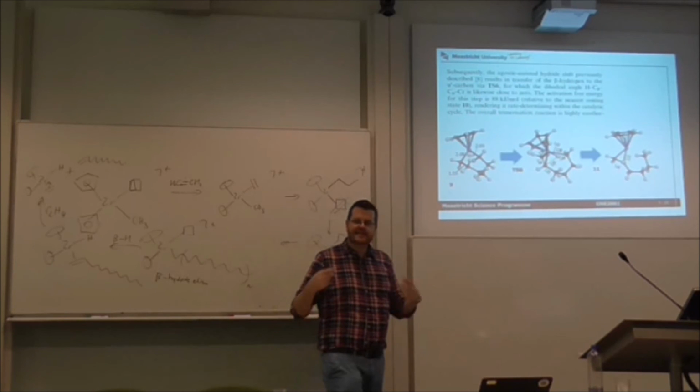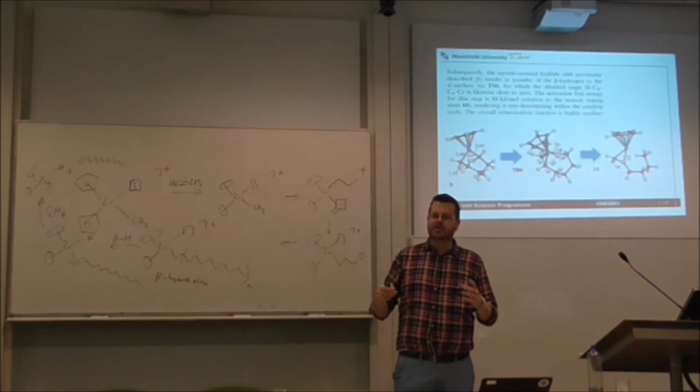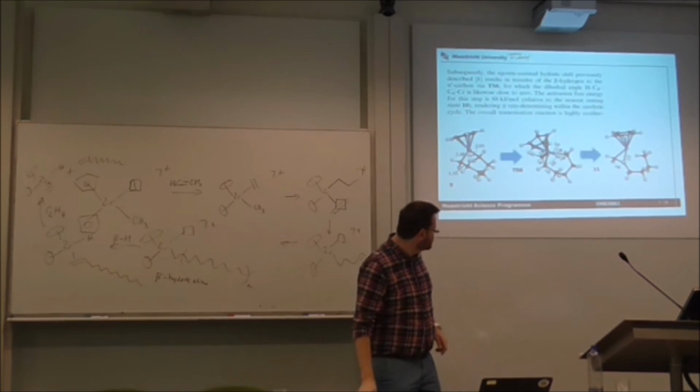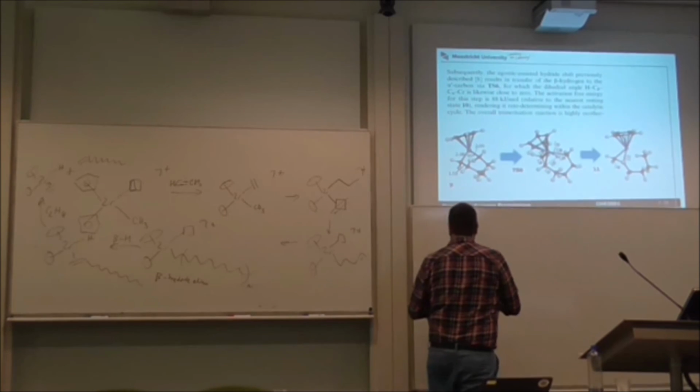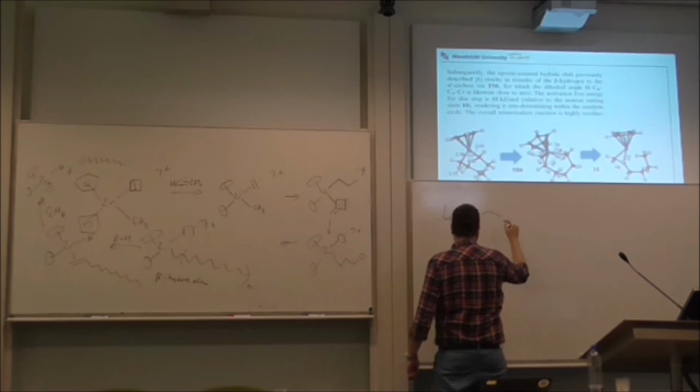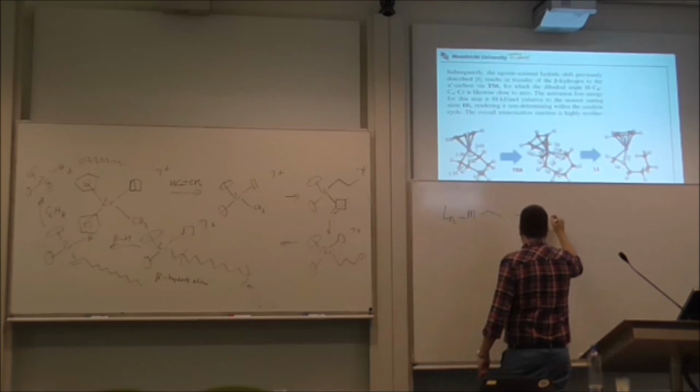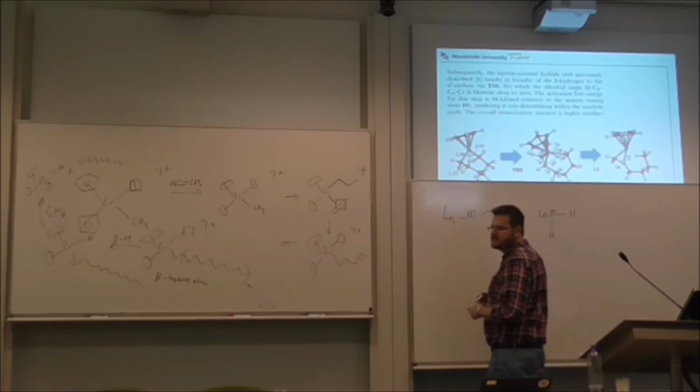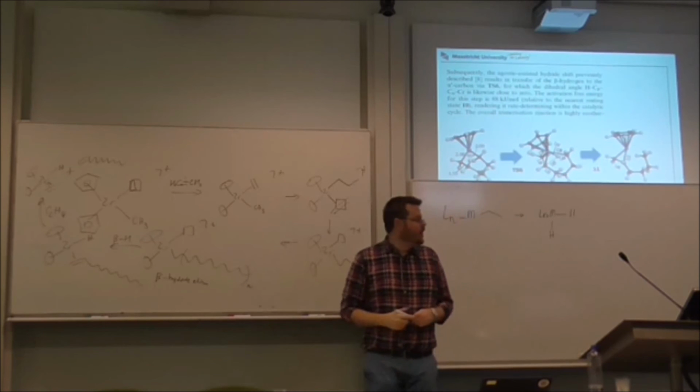So, in other words, it's exactly the same as a beta H elimination, but under normal circumstances, if we just have one alkyl, we end up with LnM. That's the process of beta H elimination. Now, think about it.